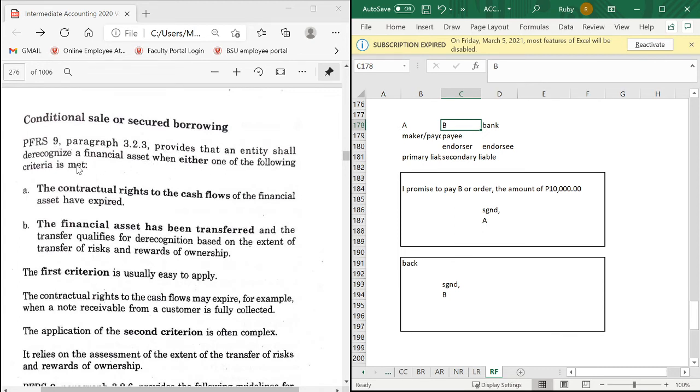PFRS provides that entity shall derecognize financial asset when either one of the following criteria is met. The contractual rights to cash flows have expired, or the financial asset has been transferred, and the transfer qualifies for derecognition based on the extent of transfer of risk and rewards of ownership.